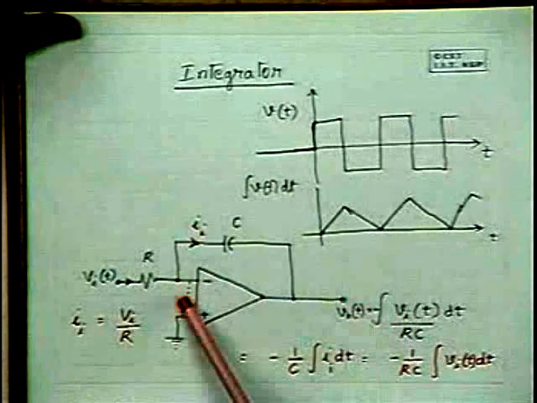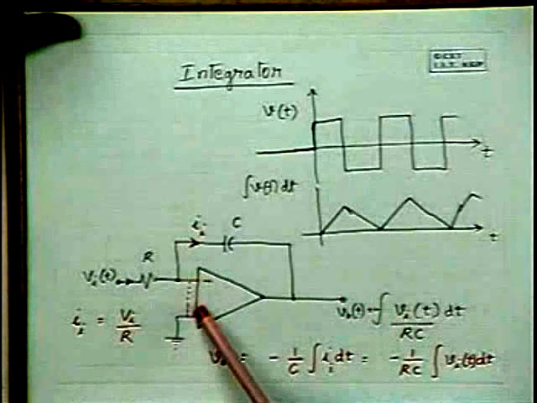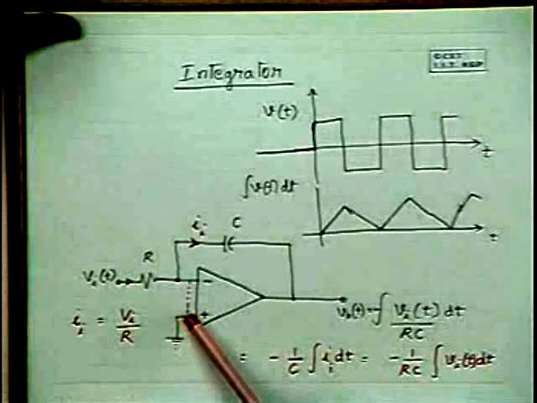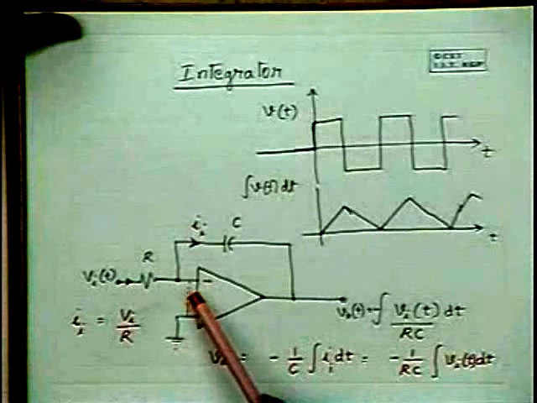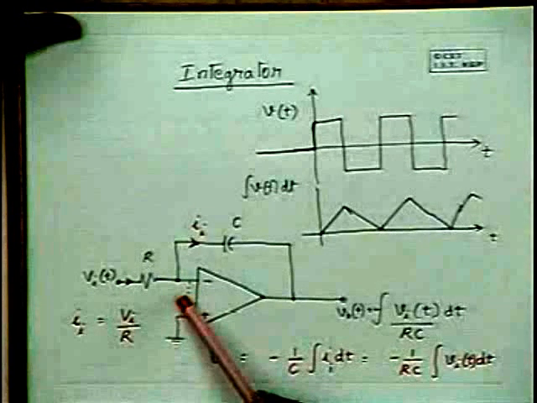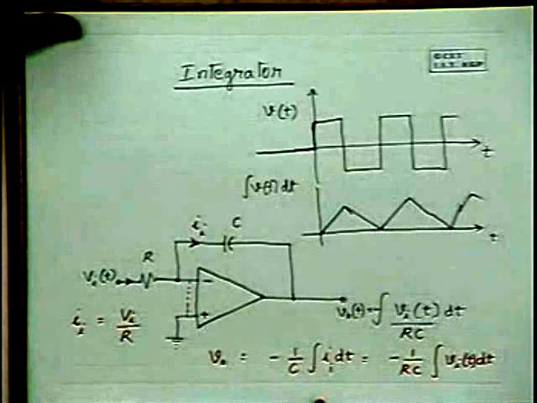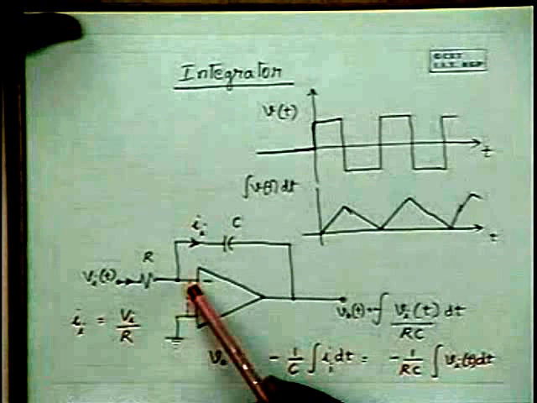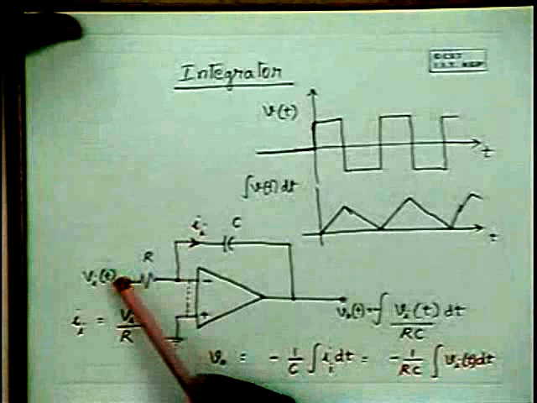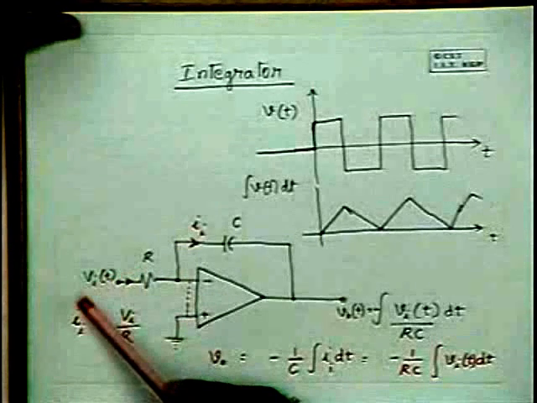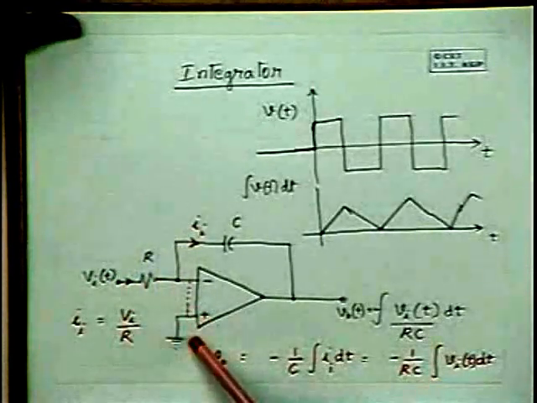But please note that this input voltage is very essential. It may be of the order of a fraction of a millivolt, but that is very essential to provide you this output. For analytical purposes, since this is negligible, the current that flows through this is Vi by R.